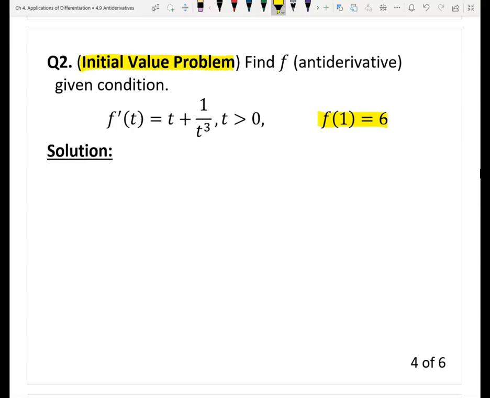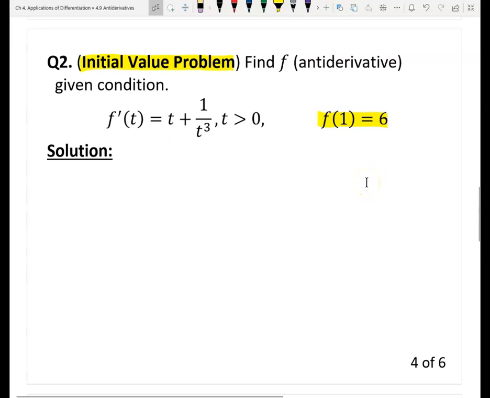The question asks us to find f, the antiderivative. Why f? We call it the antiderivative because f is exactly an antiderivative of the derivative function. Does that make sense?